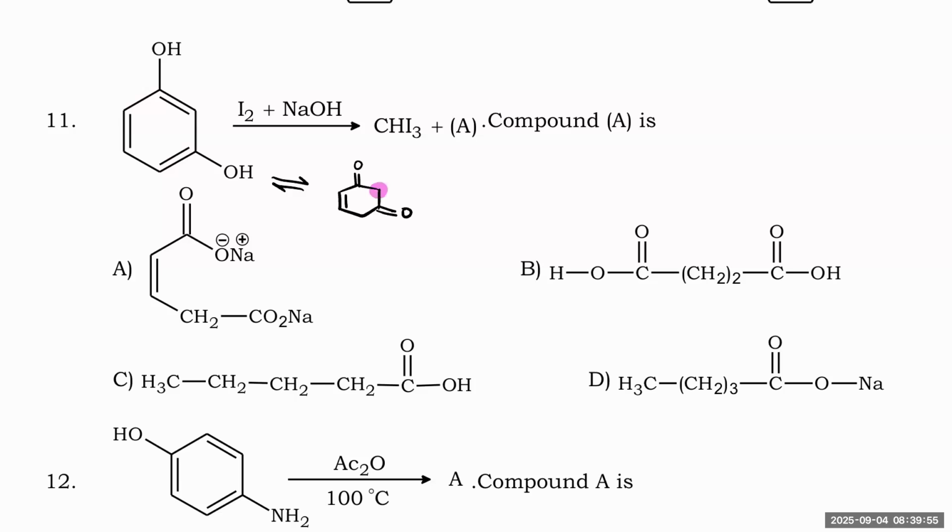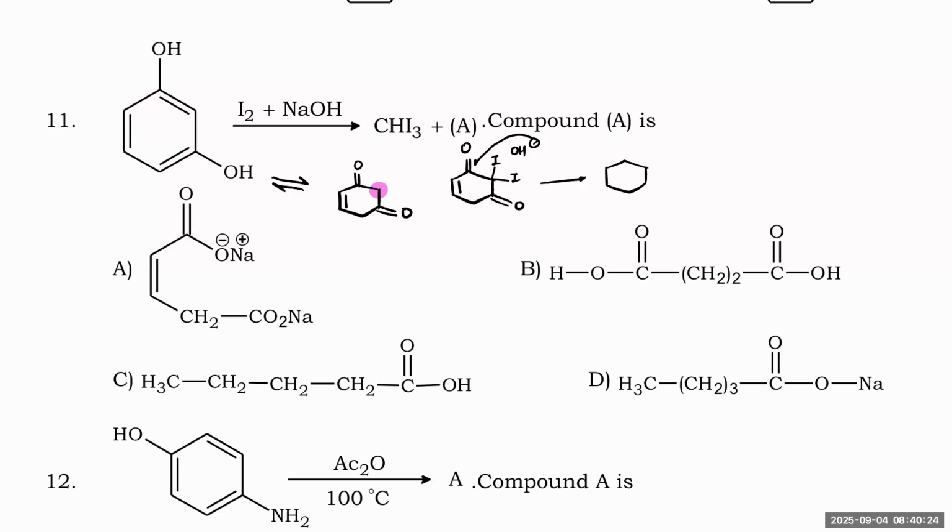This is the active methylene group. And active methylene group, we learned that it will give a positive haloform test. So if you have it this way, we have double bond O. First two iodides will come here like this. And later on, you will see that the bond will break from here because OH minus will attack on this position.